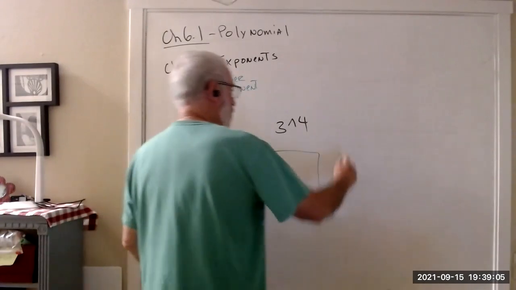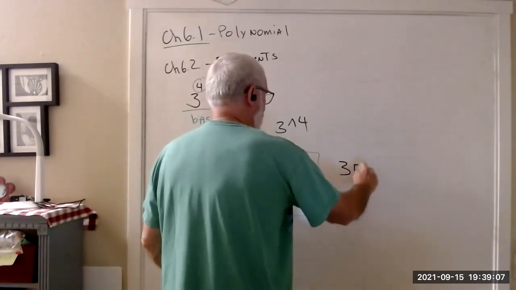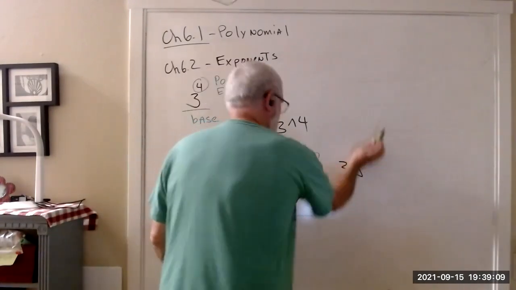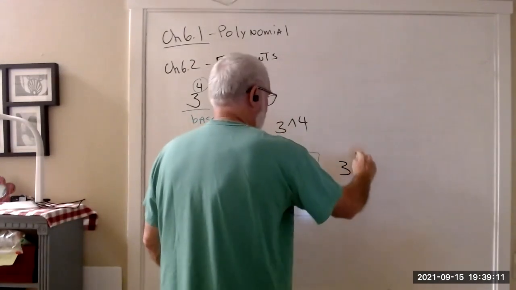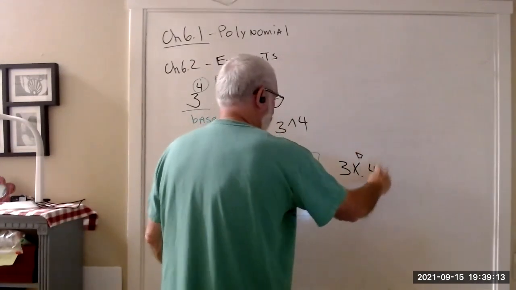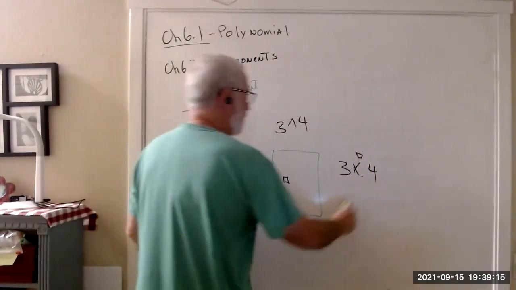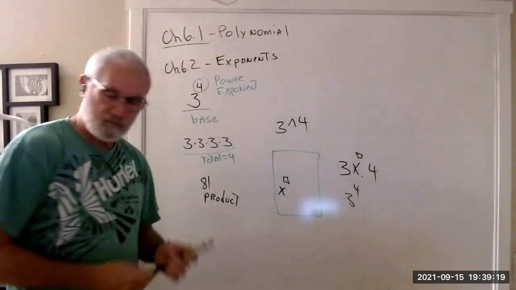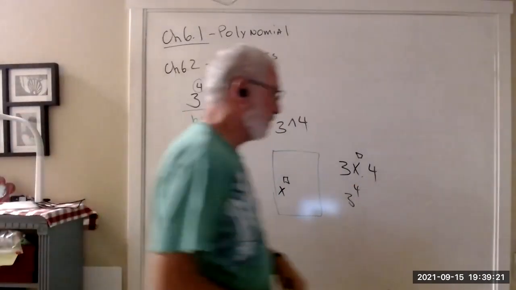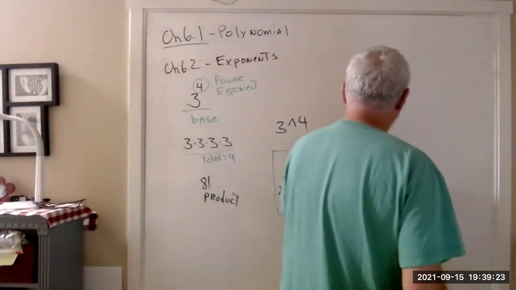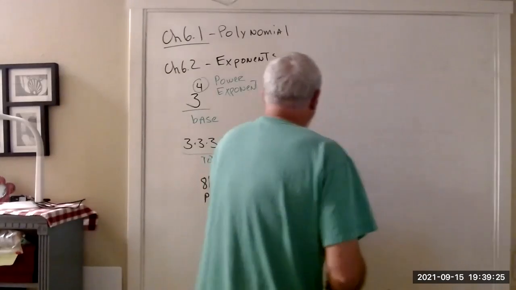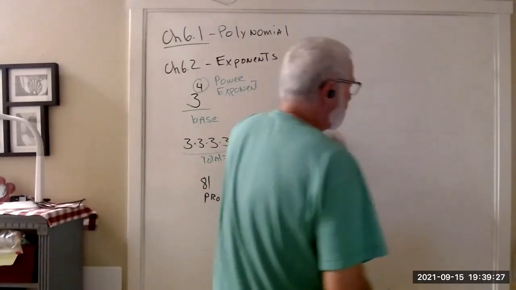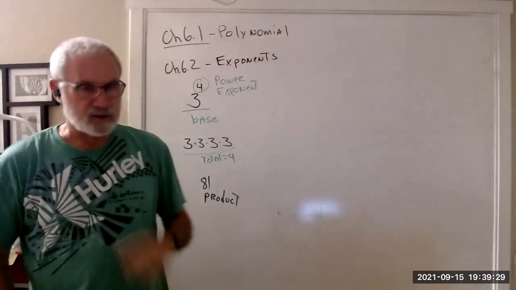So you could go, for example, 3, hit that button, and 4, and it'll see this as 3 to the 4th power, and it should give you 81. Should. Okay, I'll come back and we'll play with that later if we need to. All right, that's the basic idea of exponents.